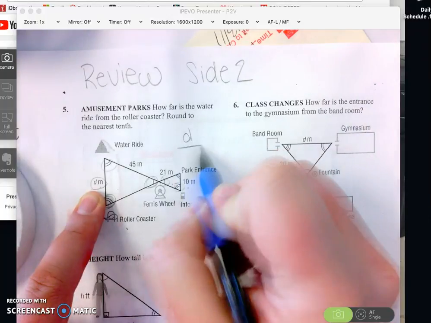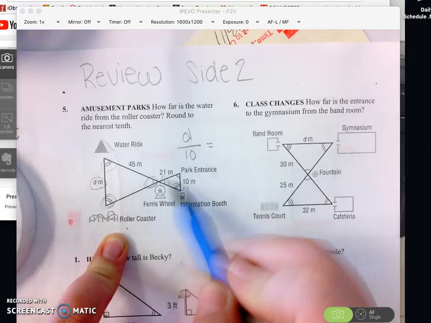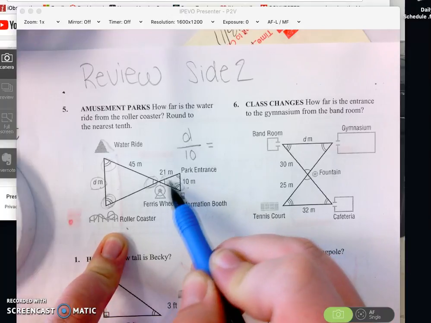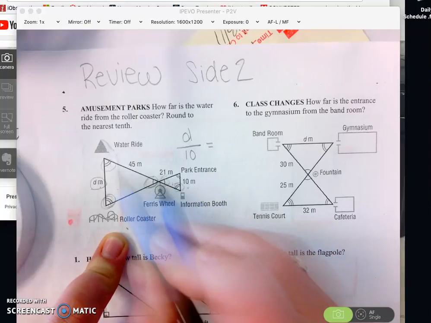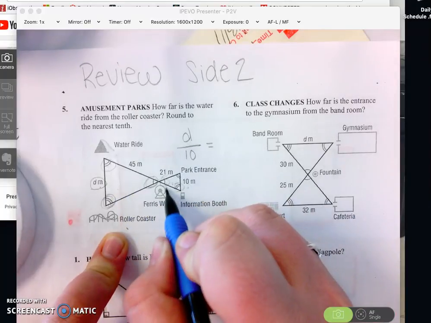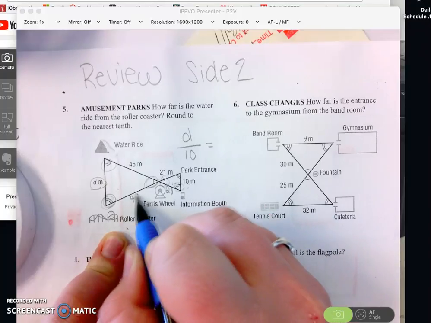So 10 over D is equal to, and then here I have 21, so that's between 1 and 2, and over here is between 1 and 2, and I don't really like this, but this should be known that this is also 21 and this is also 45.